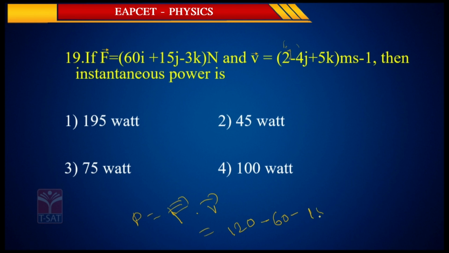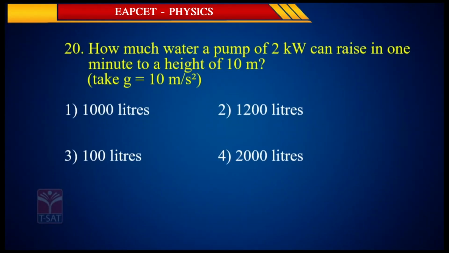Therefore 120 minus 60 minus 15 is equal to 45. 45 watt is the answer. Okay children, the power P is equal to the dot product of force and velocity. Keep in your mind.